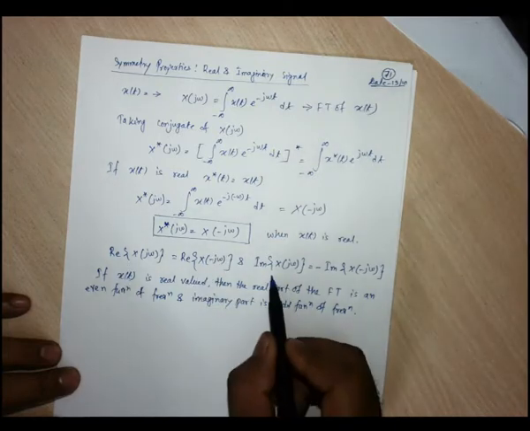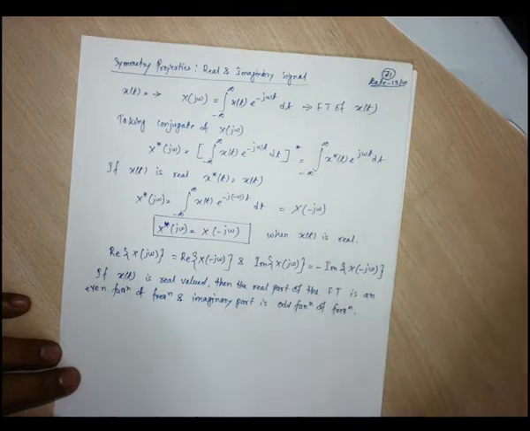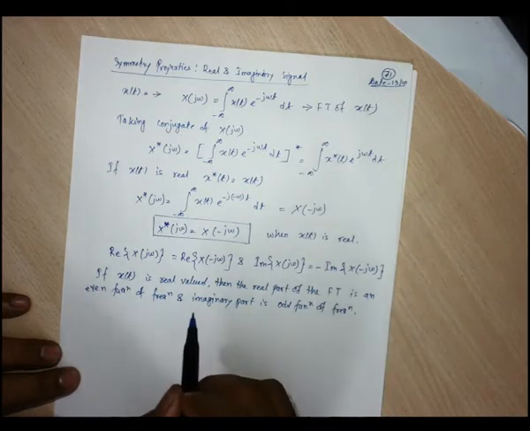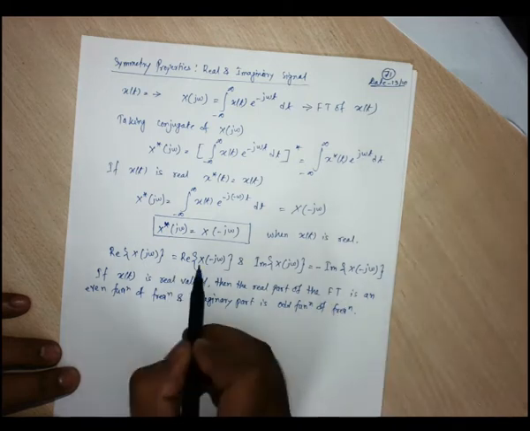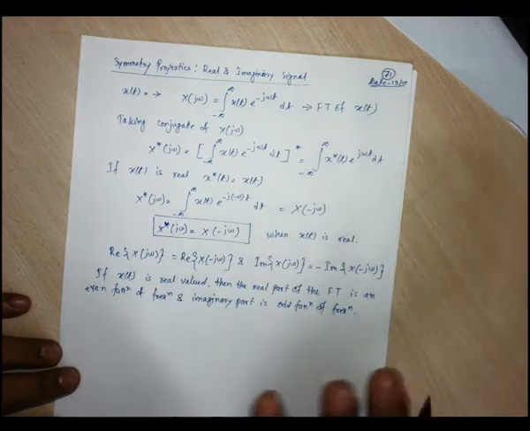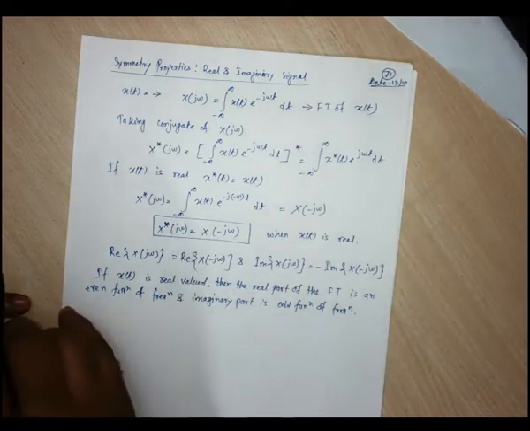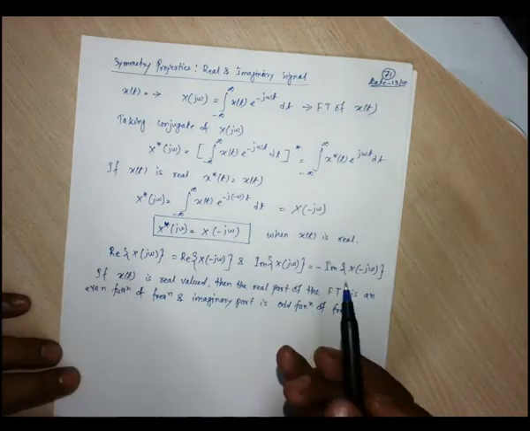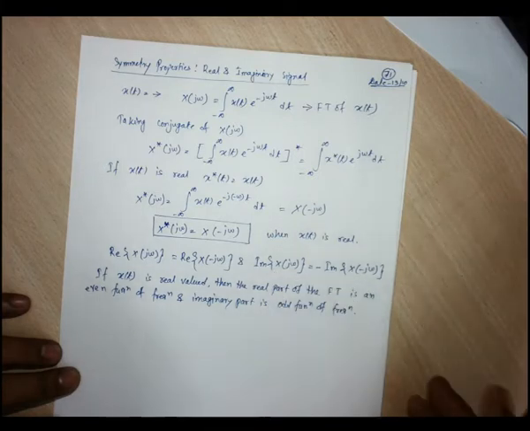But if we take the imaginary part of x of j omega, it comes out negative. As a whole, the real part of the Fourier transform is an even function, because these two are the same: when we interchange the frequency axis and go to the left hand side, it is the same as the right hand side, but it is the negative of the right hand side if we consider the imaginary part.